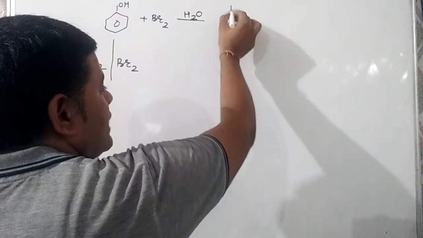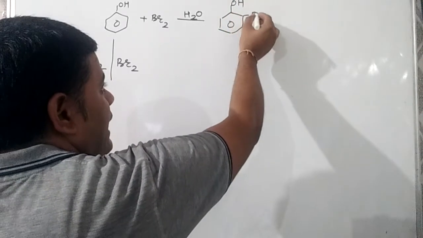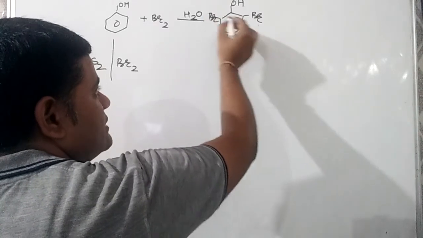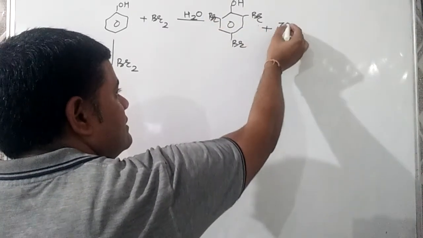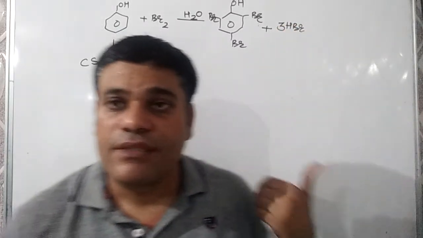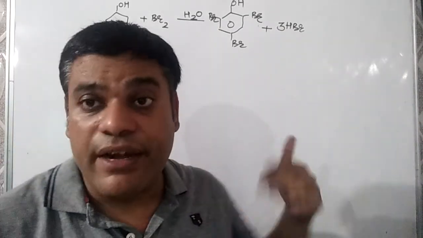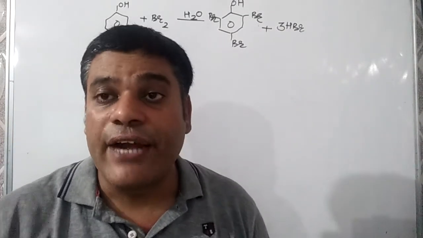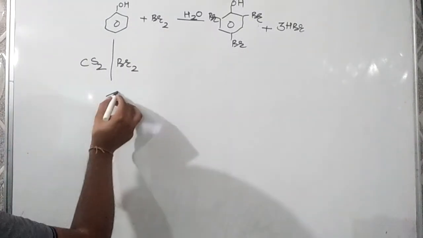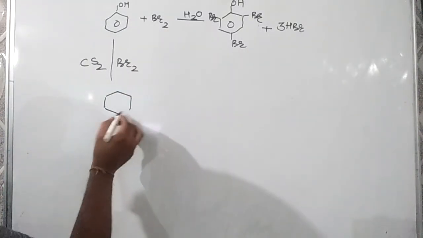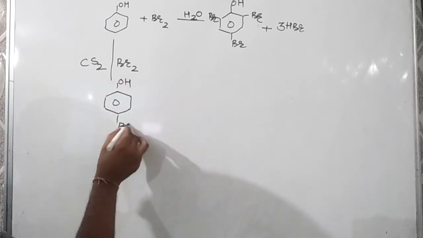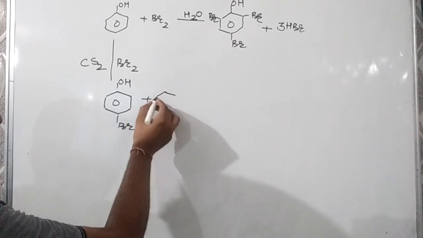But when carbon disulfide is there, it is non-polar, hence the electron density cannot increase at ortho and para. So the major product will be para and the minor product will be ortho.